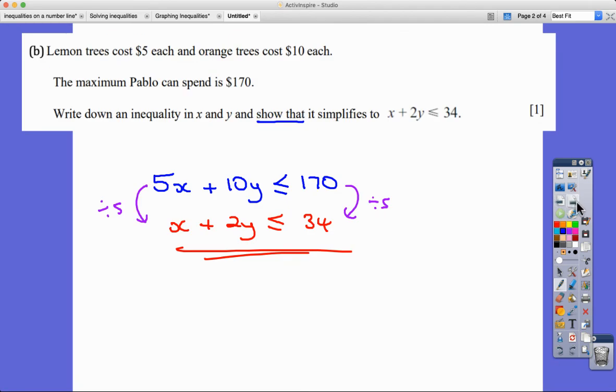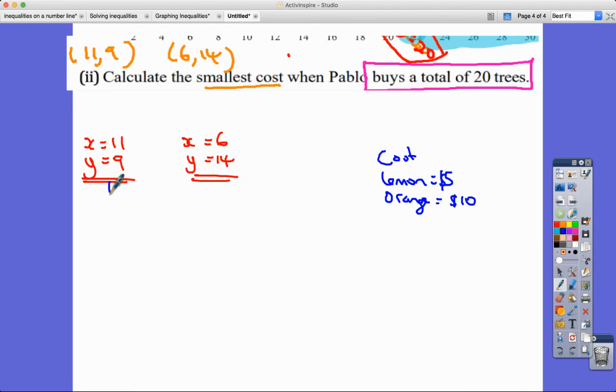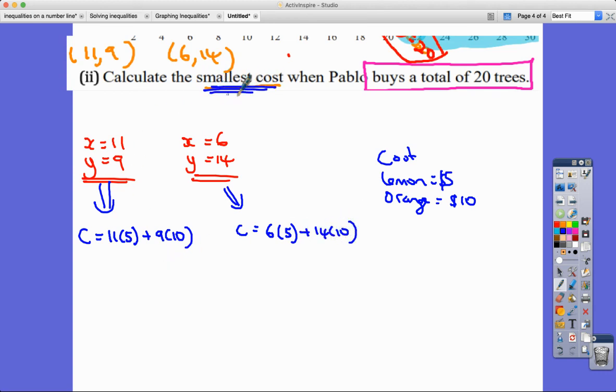Yes, okay. So going back, in this way, the cost here would be 11 lots of 5 plus 9 lots of 10. And the cost here would be 6 lots of 5 plus 14 lots of 10. Okay, which one is going to give the smallest cost?